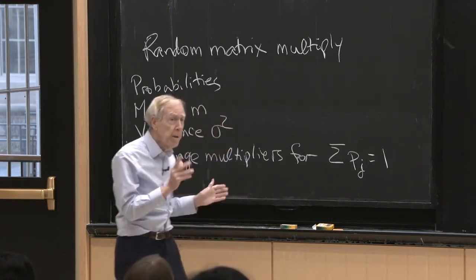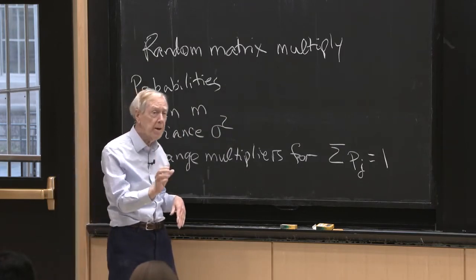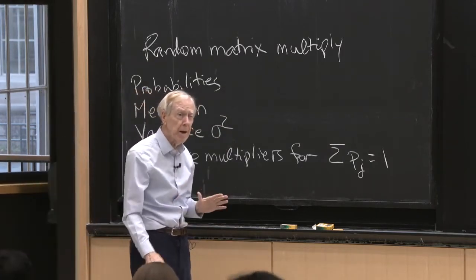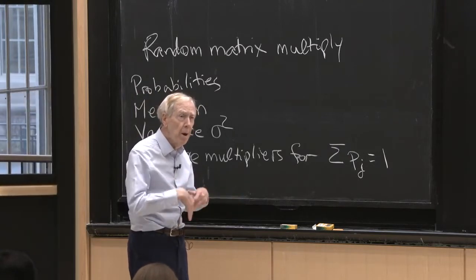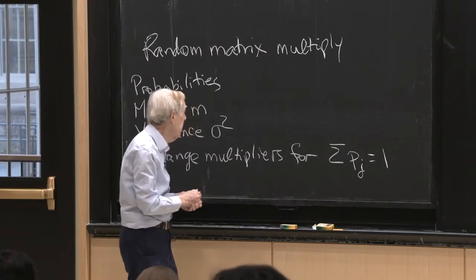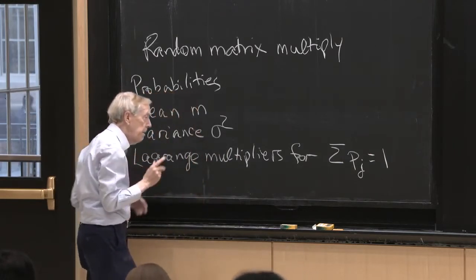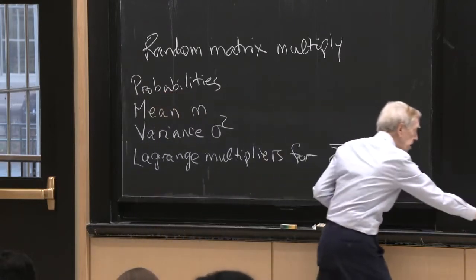But there will be a variance. Every sample won't be correct. In fact, no samples will be correct. Only when we add them up, on the average, we get the correct AB. So the mean will come out right. It'll come out as AB. You'll see it happen.